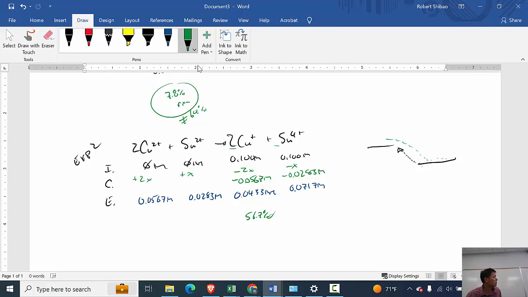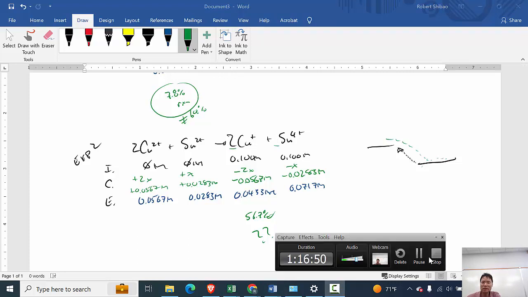And so this is our 2x, so this is going to be plus 0.0567, and this is going to be plus 0.0283 molar here. So do you have it figured out now? No. All three percentages are different. Anyway, we were out of time, so I'll stop here. So how many more observations do we need?